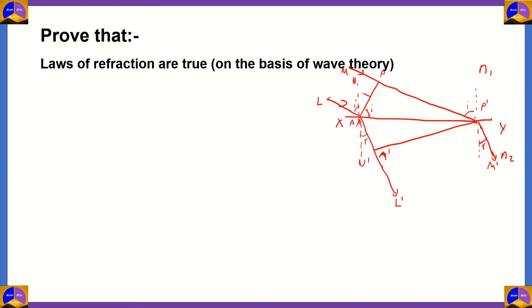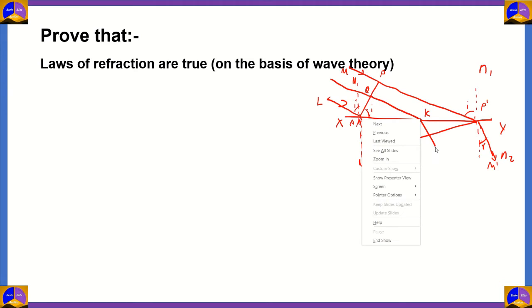So when we take a wave, say Q, and this wave is incident on the surface at a point K, and then it starts to refract, and then it hits the refracted wavefront at, say, Q dash. Now we're going to find out whether the laws of refraction are true in this case.